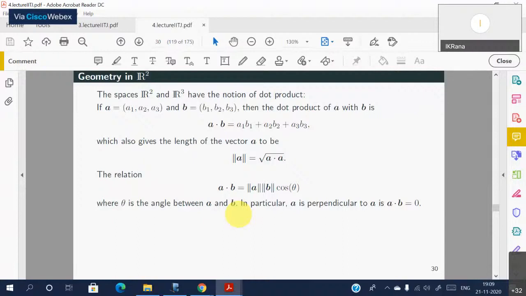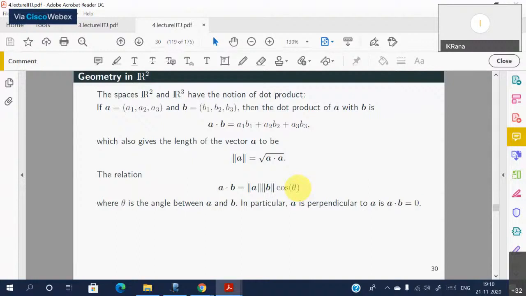It helps us define what are called perpendicular vectors. Two vectors are perpendicular if A dot B is equal to 0. The dot product is equal to 0, and that comes from the cos of the angle. If that is equal to 0, the angle is 90 degrees.